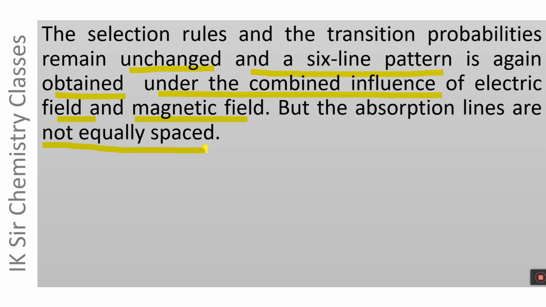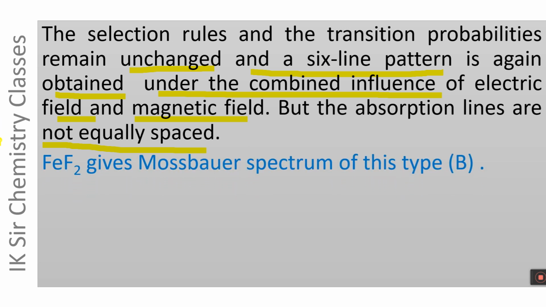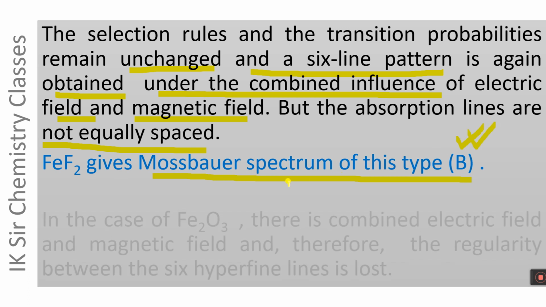Fe gives a Mössbauer spectrum of type B, in which the 6 spectral lines are equally spaced.